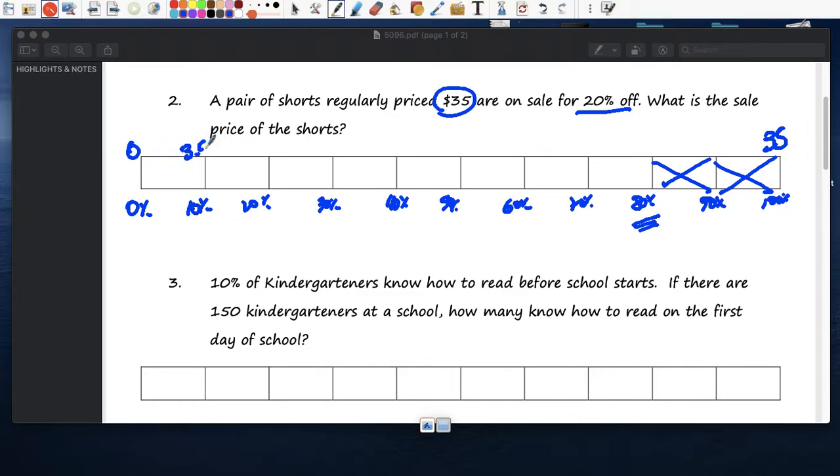So it's 3.5, 7, 10.5, 14, 17.5, 21, 24.5, 28, 31.5. So 80% matches with the corresponding value, $28. So for the shorts, you would pay $28.